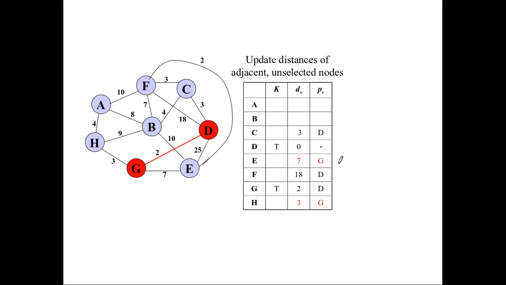Okay, now what are the unvisited nodes for us? So 1, 2, 3 and 4. These are the unvisited nodes for us. Again the same process we have to do, that is we have to select the minimum cost edge, the minimum cost path of unvisited nodes. So here the minimum costs we have are 3, 7, 18 and 3. So here we have an ambiguity, that is we have two edges with the same cost, which one to choose?